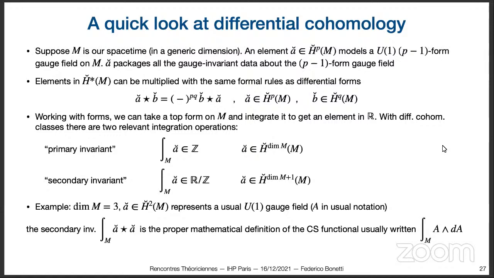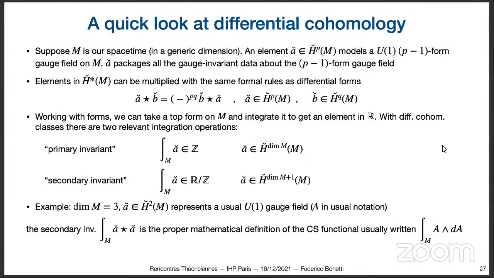I would say that maybe the most important new ingredient in the game of differential cohomology is that, if you wish, there is a notion of integrating that is twofold. With forms, the only thing you can really do is take a top form in your manifold, integrate it, and get a number. With differential cohomology classes, you can do two different things.